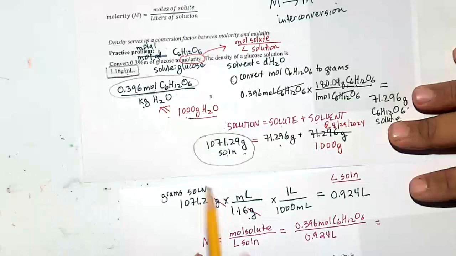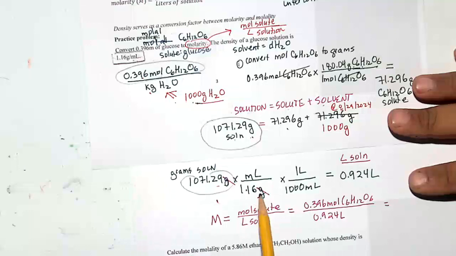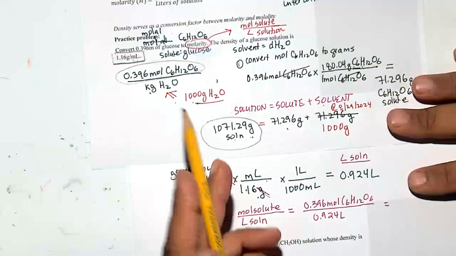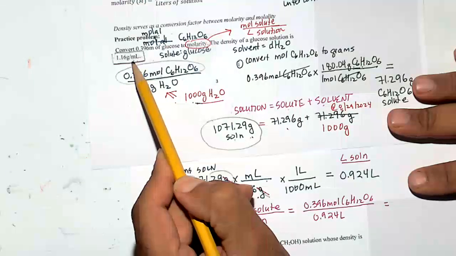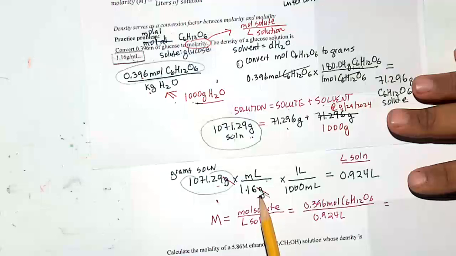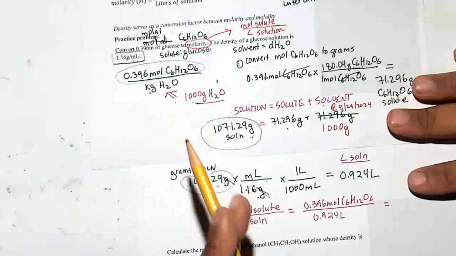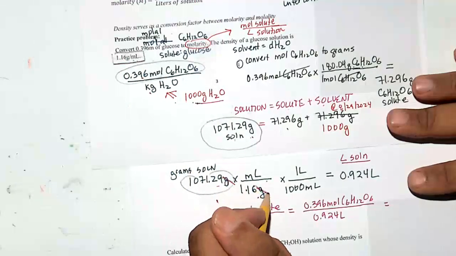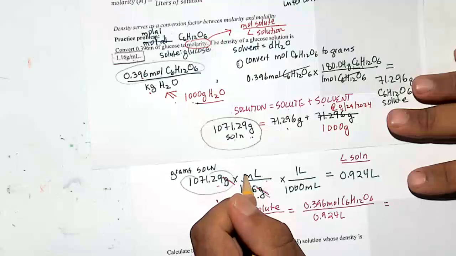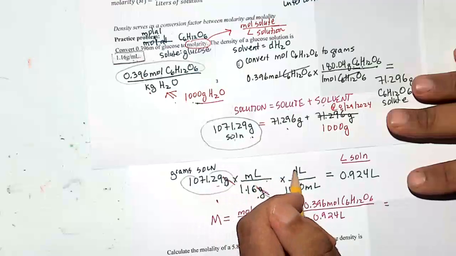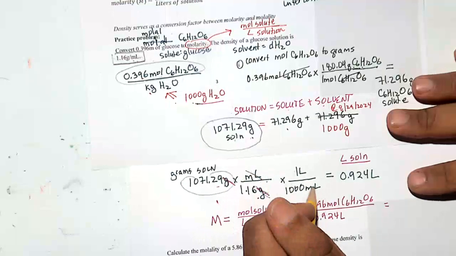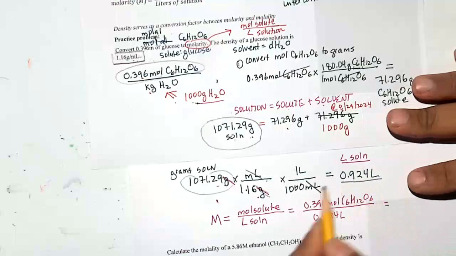So we'll take the grams of the solution and then divide it by the density. The grams cancel to get it to mL. So 1.16 grams per mL, we'll move that 1.16 to the denominator and mL to the numerator. So the grams cancel, we're left with mL. And then 1 liter is 1,000 milliliters. The mL cancel, leaving us with liters.